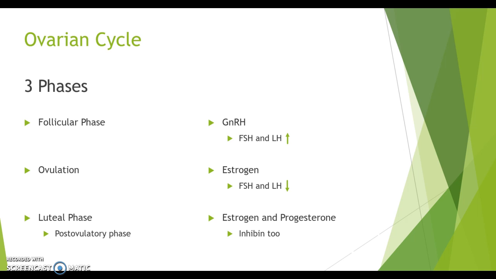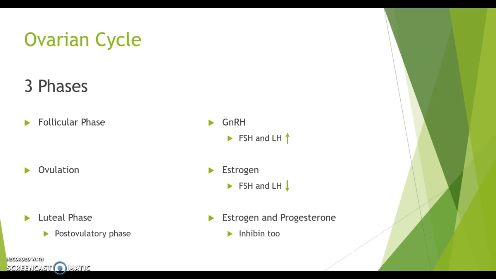Estrogen then exerts a second negative feedback loop onto the pituitary, which decreases the follicle stimulating hormone and luteinizing hormone secretion. Estrogen will then stimulate the granulosa cells to produce more estrogen, and this needs to occur because with the decreases in the follicle stimulating hormone and luteinizing hormone, estrogen still needs to be produced.